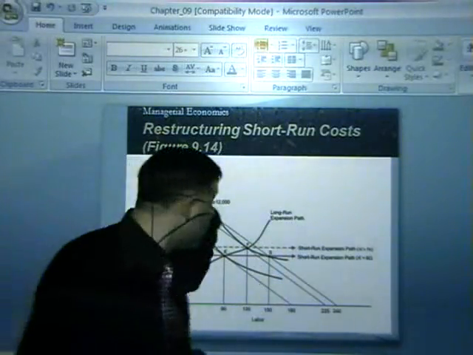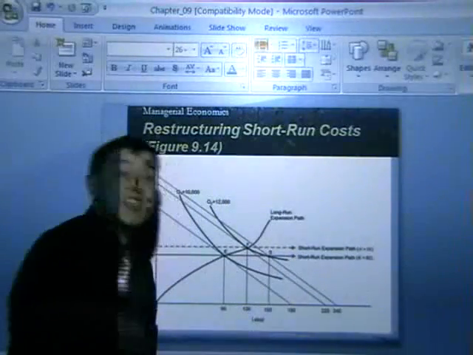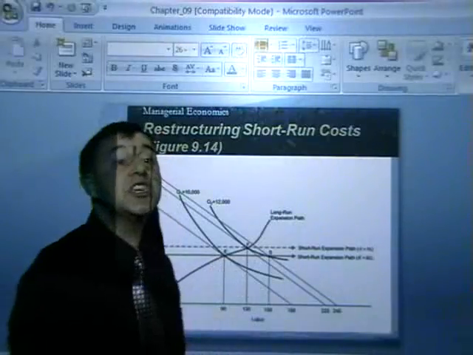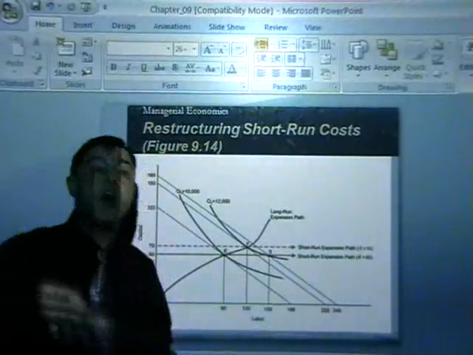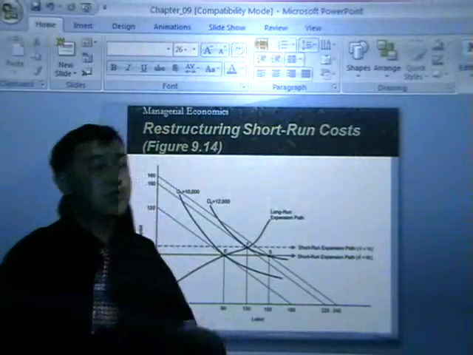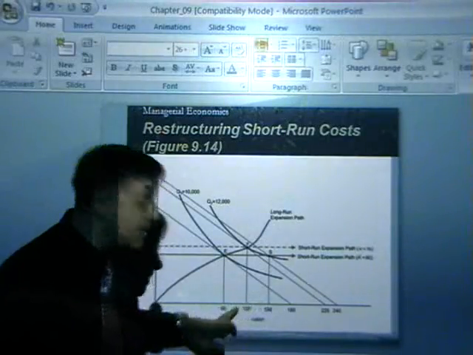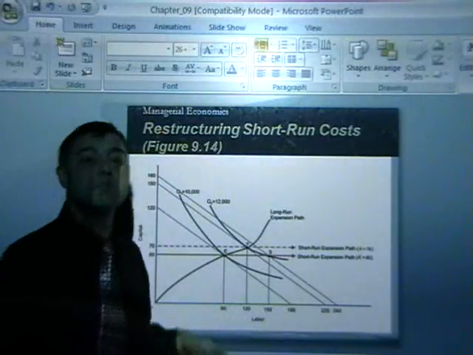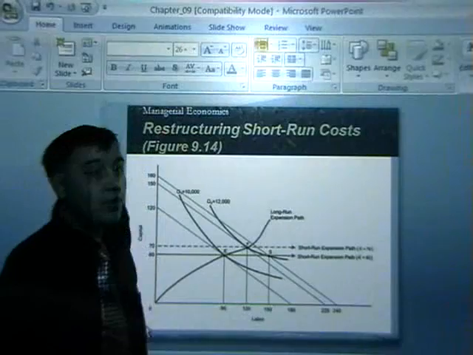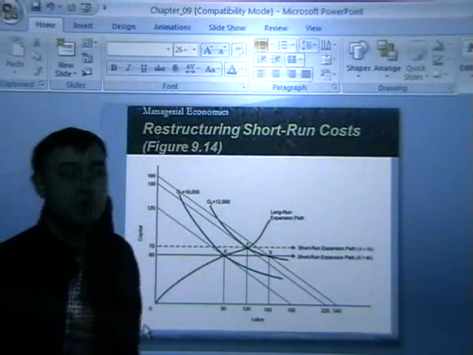In other words, what the boom does is absorb a lot of labor, which becomes inherently inefficient in the short run, and the long run arrives with the bust, where you release those inefficient, or most of those inefficient workers, in this particular case half of them, back to the labor pool. They're going to find some other job. This is going to be the next booming industry, whatever that is.